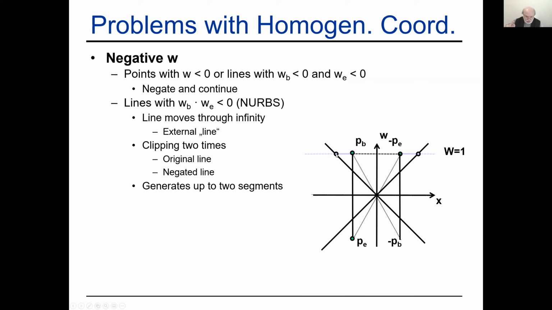So you clip from the beginning point to the intersection point, where you leave the frustum. And then we need to change the sign of the W coordinate, which, if you do that, means you're mirroring those points at the origin. So PB becomes minus PB here. We're multiplying this whole thing with minus 1. So our beginning point moves down here and the end point moves up there.